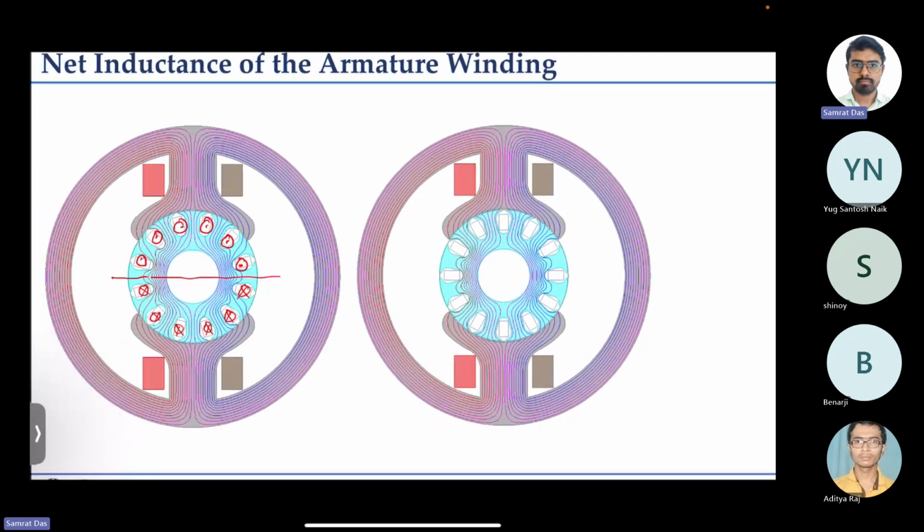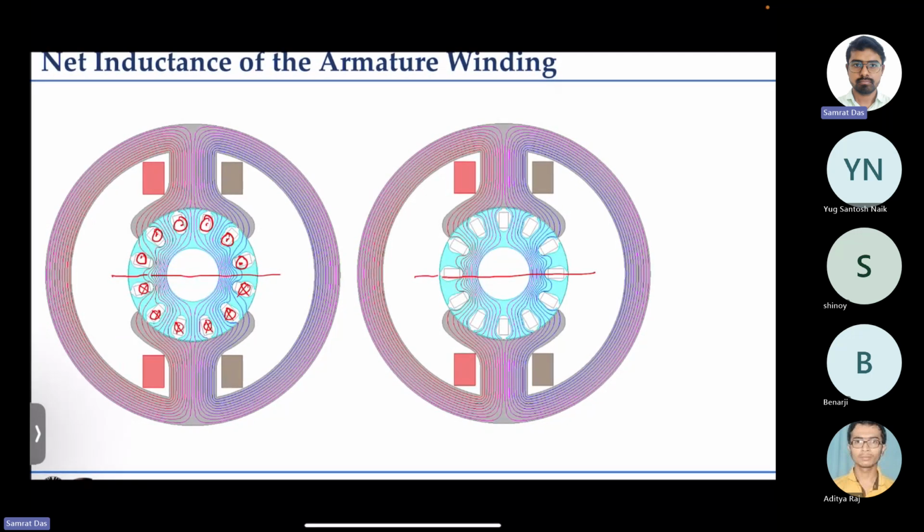Next, where one coil is undergoing commutation, that coil is not part of the circuit, but the other top coils will be carrying dot current, and these coils will be carrying cross current. So this is the scenario that we have.